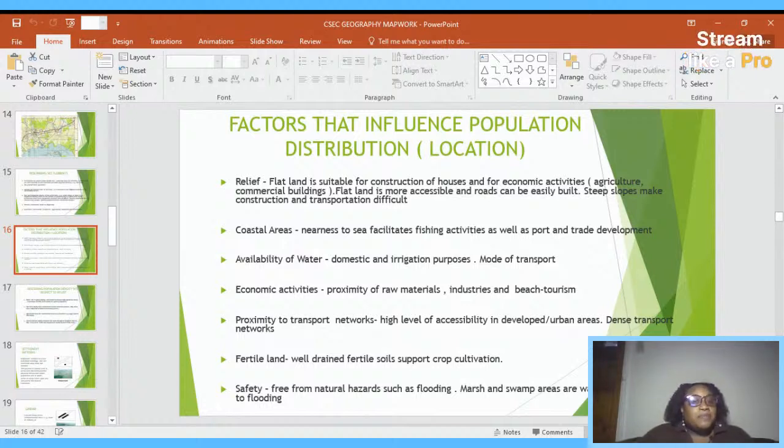And your transport on a map is identifiable through what? How do you identify transport on your map? What gives you an indication that there's a good network of transportation in a particular area? What do you identify on the map?